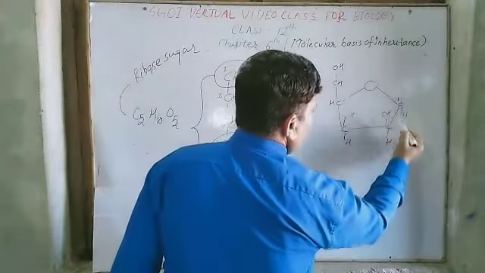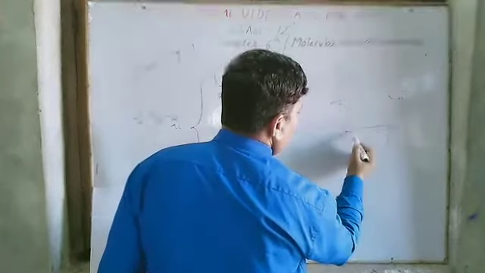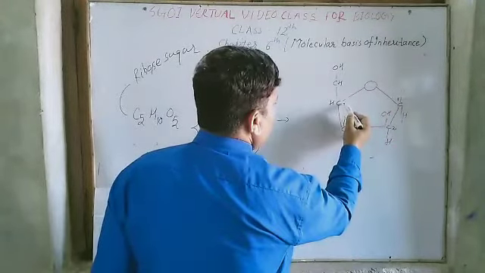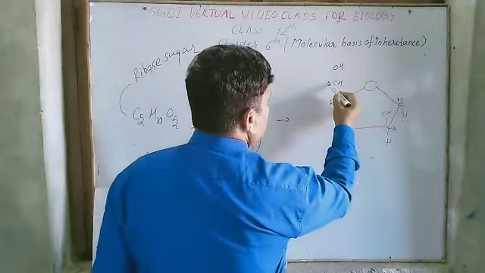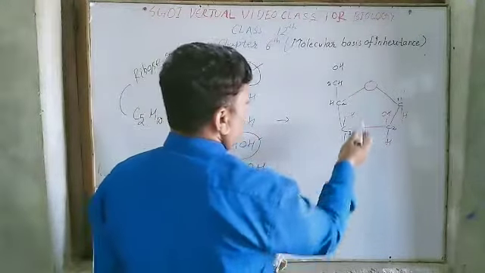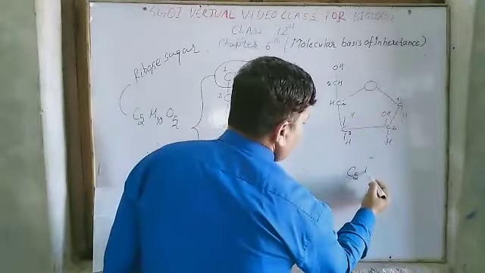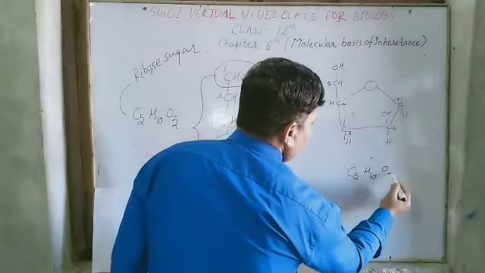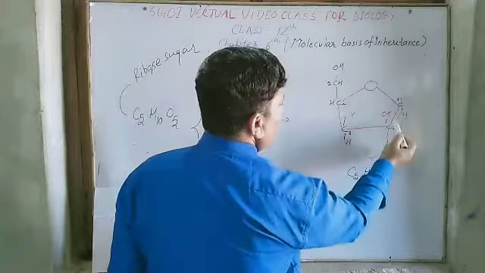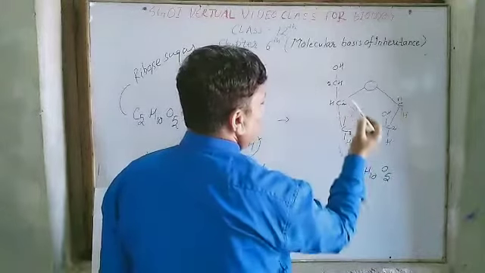This is carbon number 1, carbon number 2, carbon number 3, carbon number 4, and this one is carbon number 5. Count C5H10O5. C5: 1, 2, 3, 4 and 5.